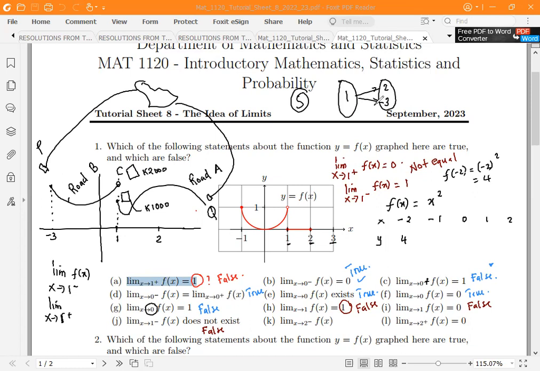Okay, I understand, sir. So then you can check what happens as x goes to 2 from left. As x goes to 2 from left, it's 0.